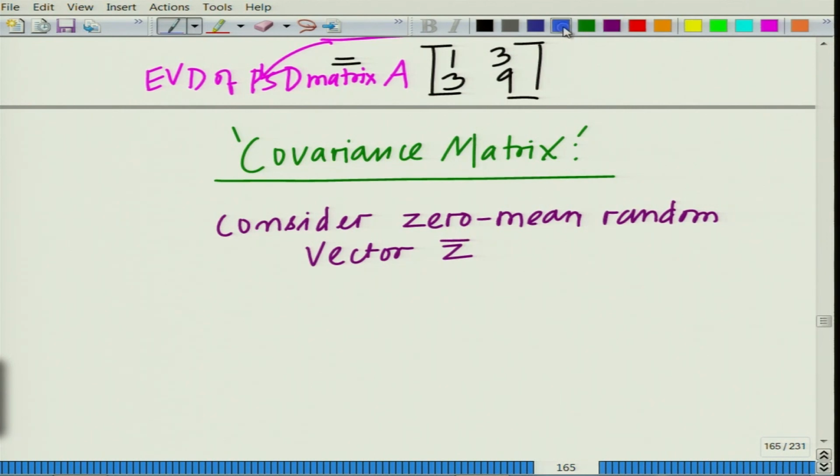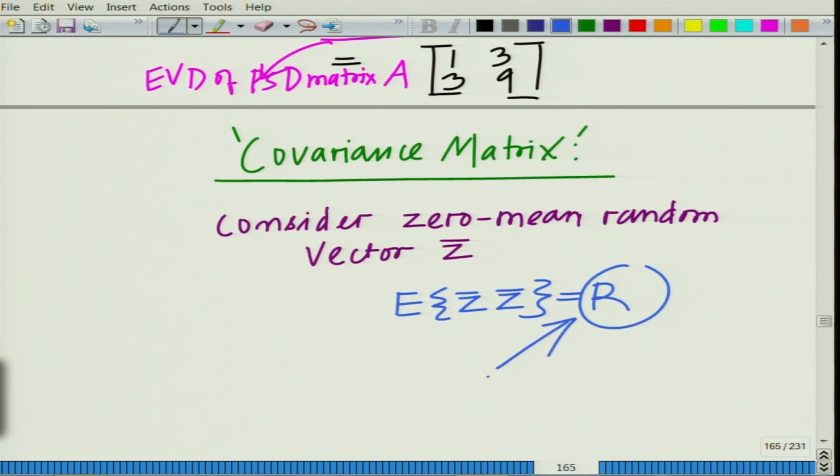With covariance, this R we know is termed the covariance matrix.